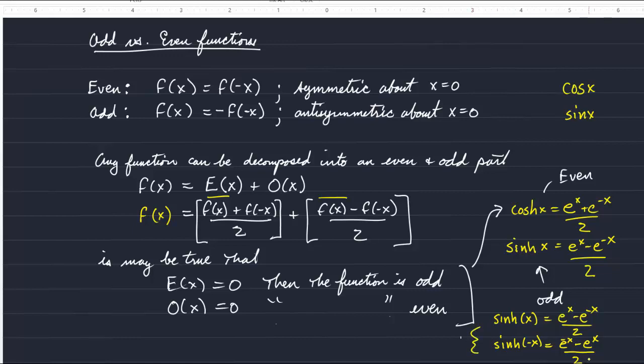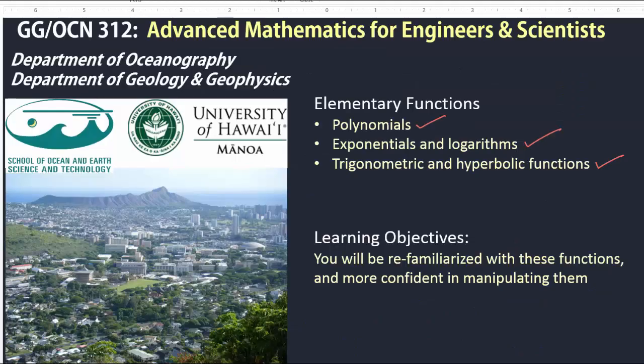And from that, you can see that sinh of x is equal to minus sinh of minus x. Okay. All right. Well, hopefully this review helped jog your memory and helps you think about these functions, and you'll get to have some practice in working with them in the homeworks. So that'll conclude this video.